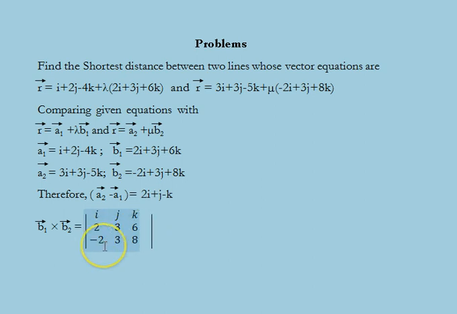Row 3 has the elements of b2, which are -2, 3, 8, which is equal to 6i minus 28j plus 12k. Mod of vector product of b1 and b2 is equal to root of 6 square plus minus 28 square plus 12 square, which is equal to root of 964, which can be rewritten as 2 root of 241.